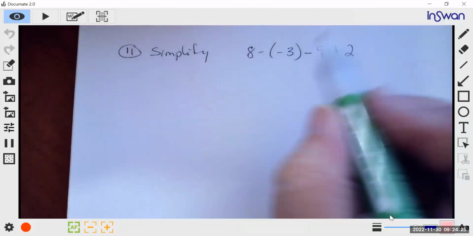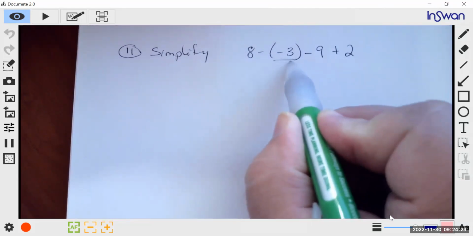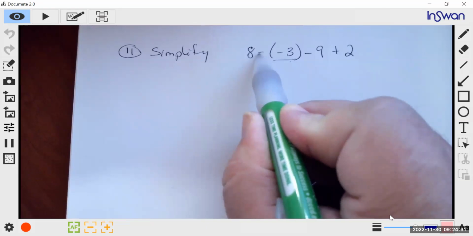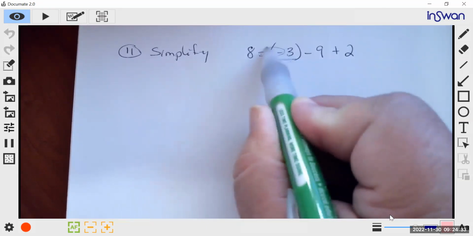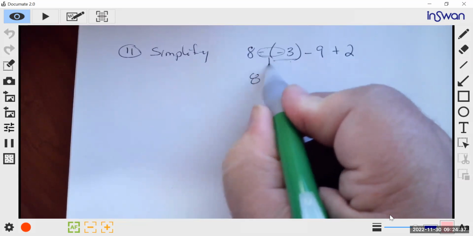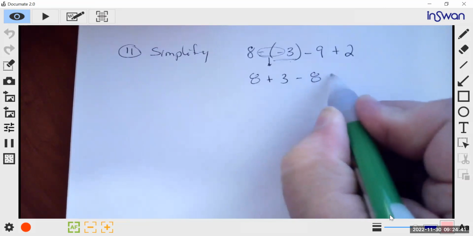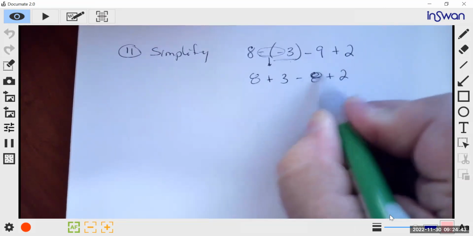Order of operations. Can't do anything inside the special operation inside parentheses, so we have to get rid of it. 2 negatives next to each other become a positive. Oops, that's 9.